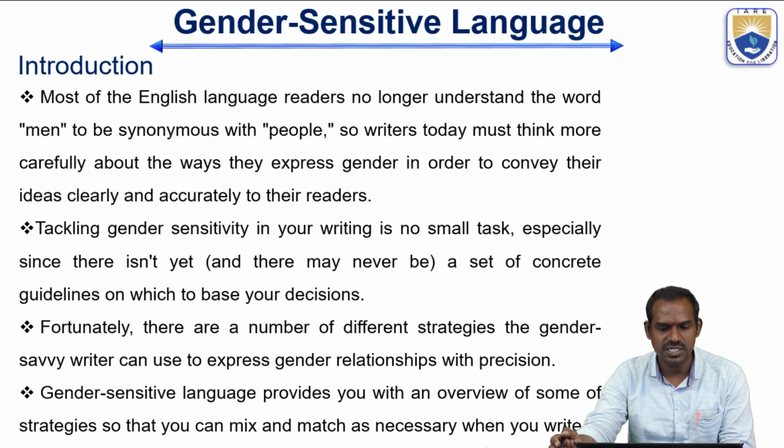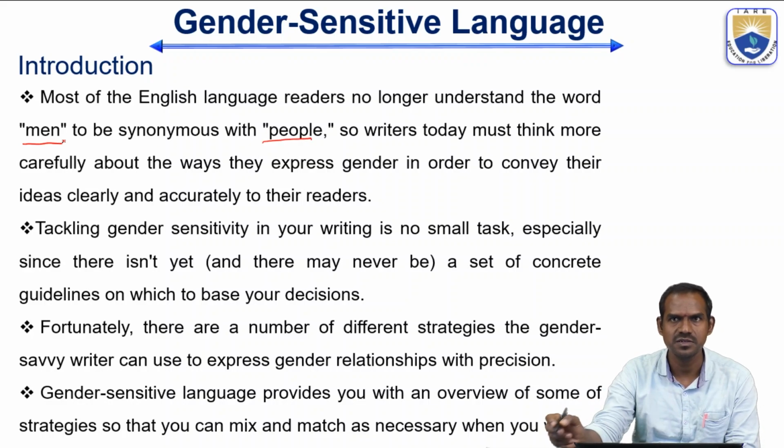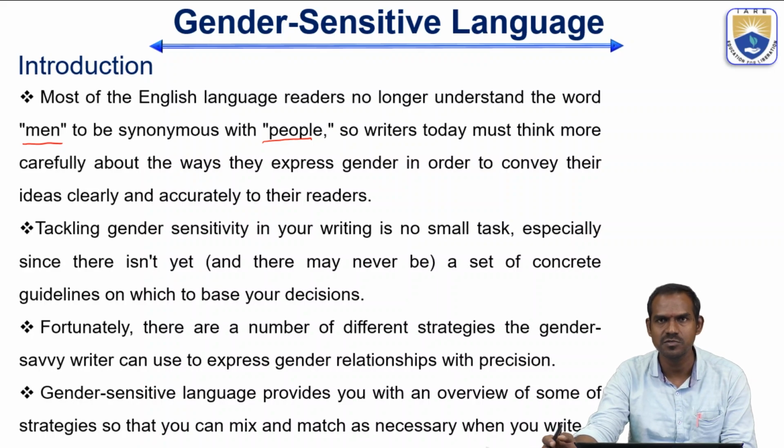Most English language readers no longer understand the word men to be synonymous with people. Previously, men was synonymous with people, meaning it includes both sexes, both male and female.